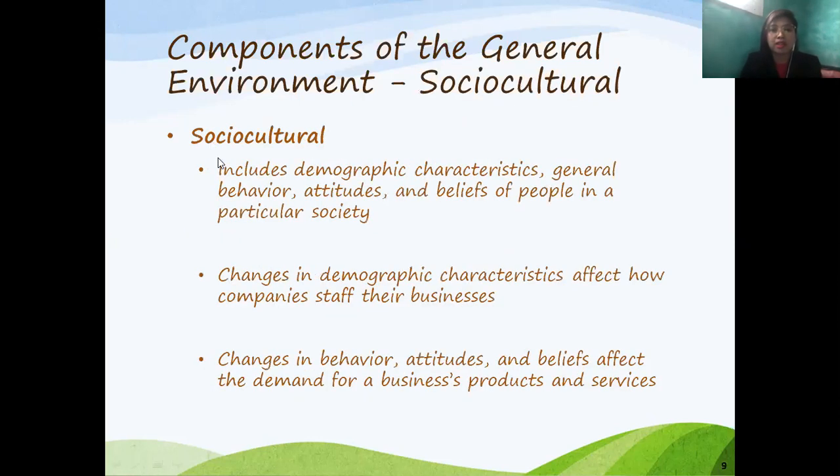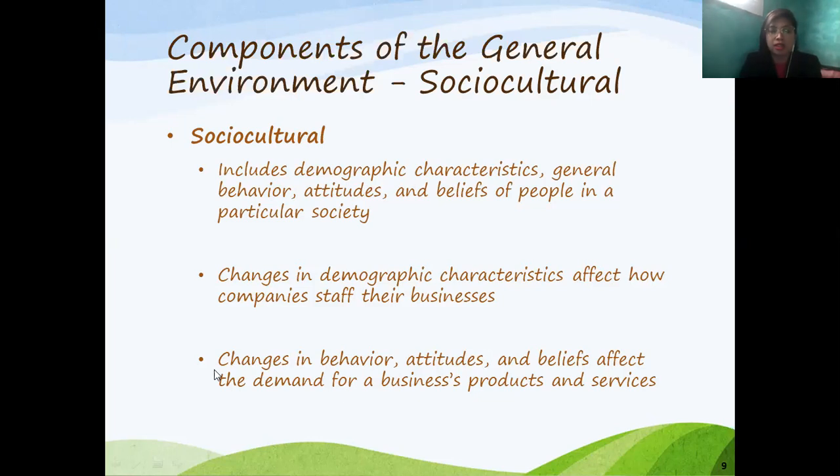We also have the sociocultural. This includes the demographic characteristics, the general behavior, attitude, beliefs of people in a particular society. Then this also involves the changes in demographic characteristics that affect how companies staff their businesses.